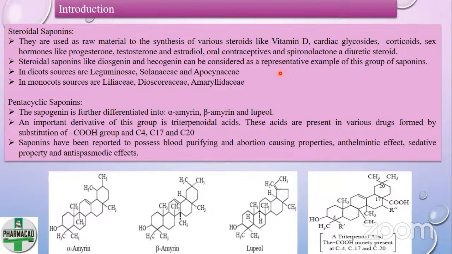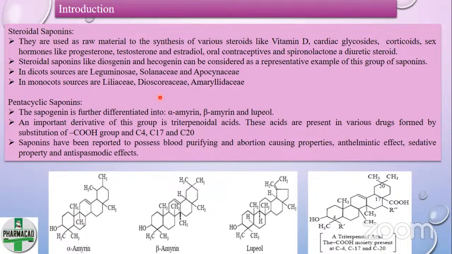Now in dicots, sources will be Leguminosae, Solanaceae, Apocynaceae, whereas monocots will have Liliaceae, Amaryllidaceae and Dioscoreaceae. Both dicot and monocot plants will have saponin glycosides. Steroidal saponins will be used as a raw material for corticosteroid kind of hormones.